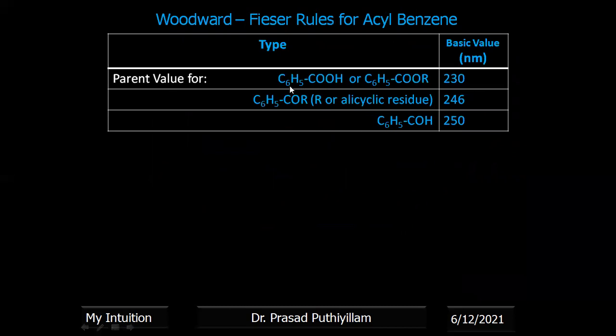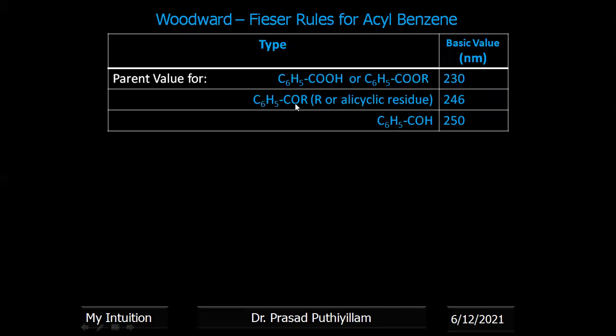Now the parent value: if it is C6H5COOH or C6H5COOR, the value is 230. If it is C6H5COR, in which R is an alicyclic residue or an alkyl group, then the value is 246. If it is C6H5 C double bond O single bond H, that is the aldehyde functional group, then the value is 250.